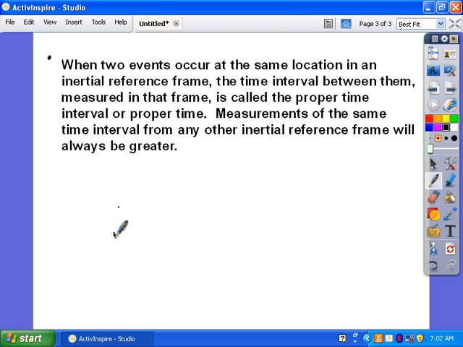So basically what you're looking for is the place where the action is. Where the action is, we'll have the smallest time.